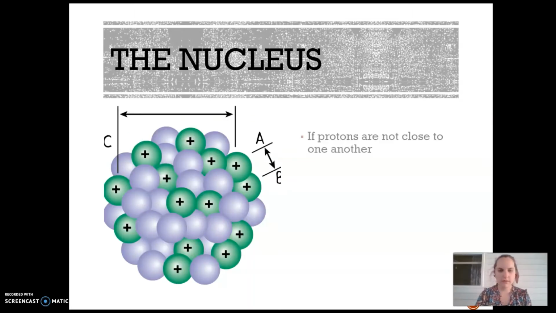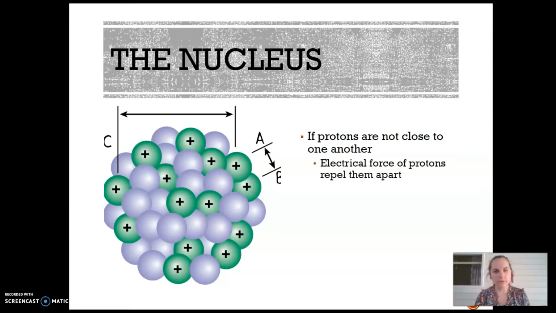Within the nucleus, if protons aren't bound by that nuclear strong force, then the electrical force between a proton and a proton is going to repel. Think back to electrostatics, where like charges, a positive and a positive, are going to repel. If you increase that distance just a little bit, then they're going to repel each other due to the electrical force between them.